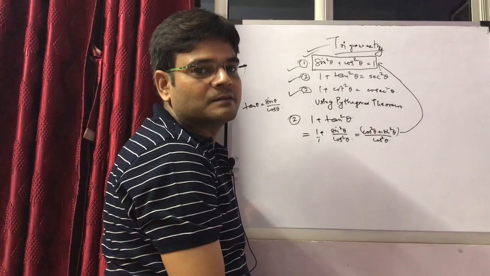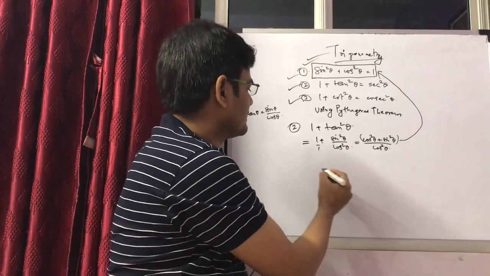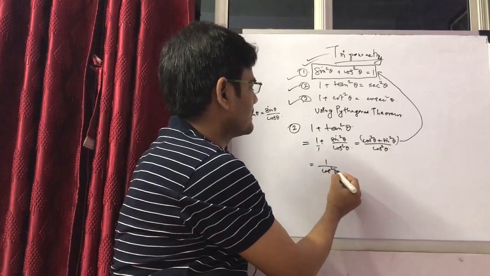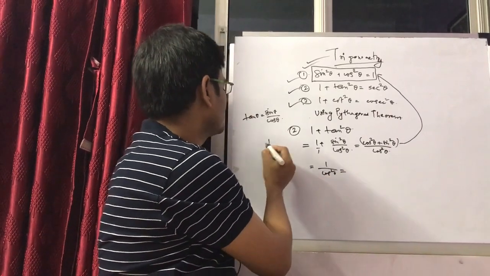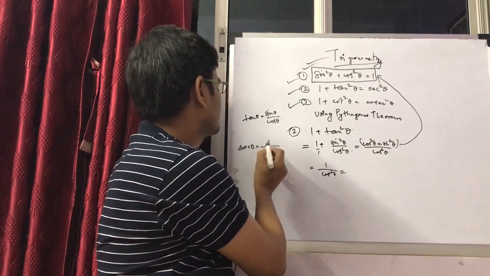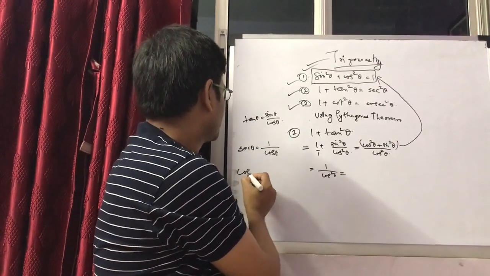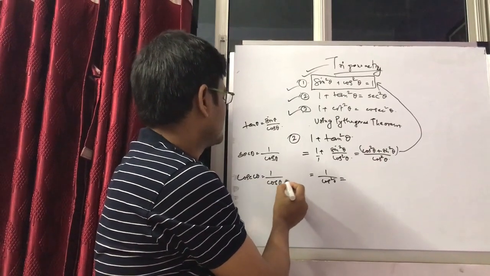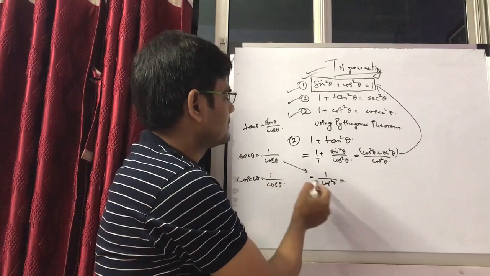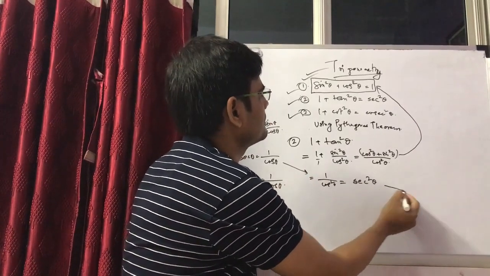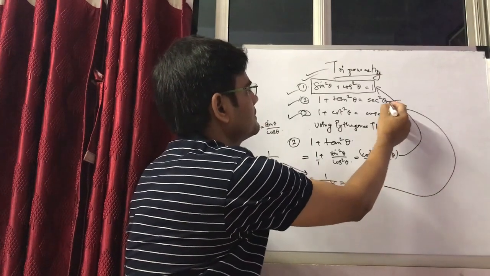So using that, this is 1 by cos square theta. And what is 1 by cos theta? Very well, sec theta. You know that, right? So this is sec square theta. That is what is there in this formula.